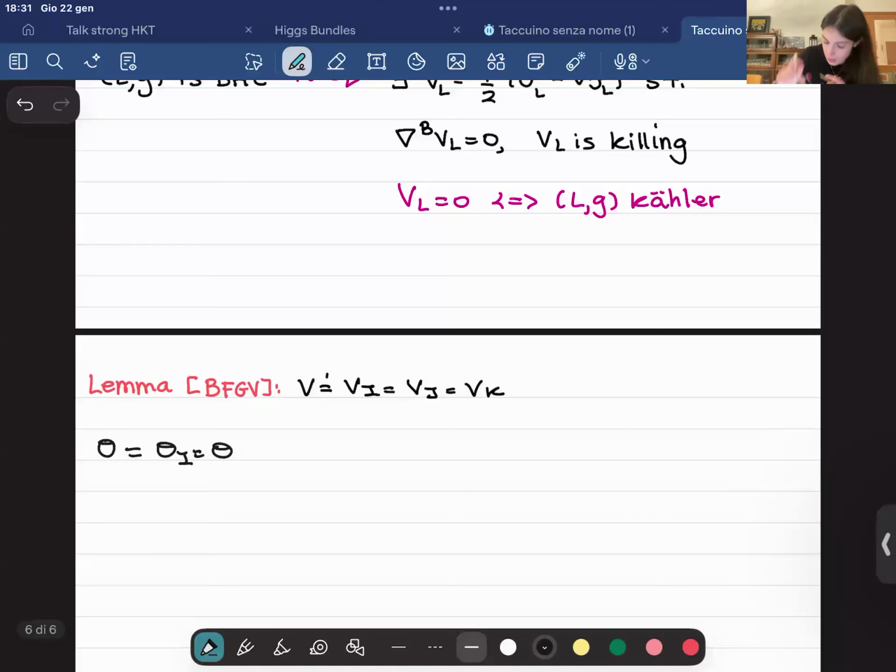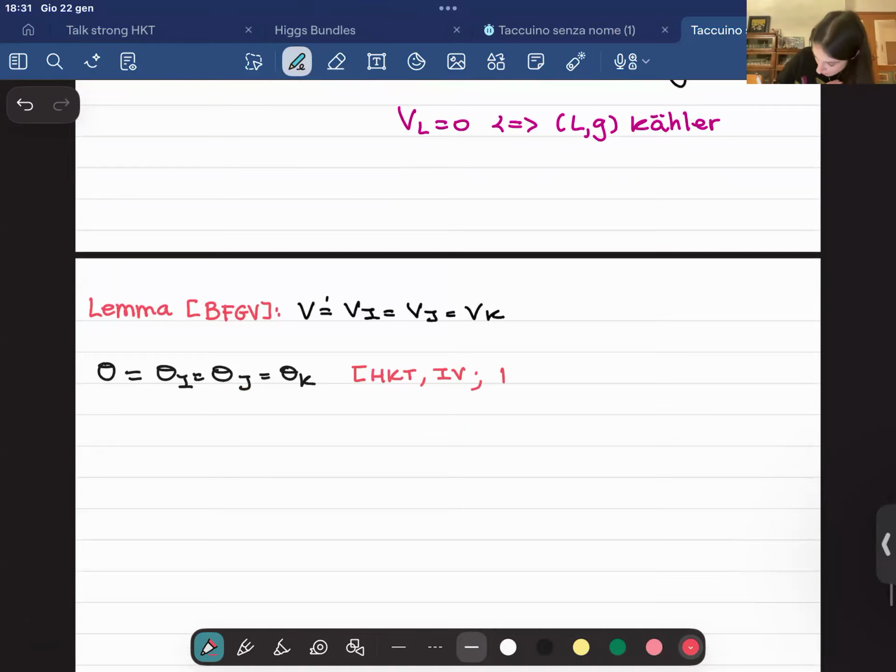So theta_I is equal to theta_J is equal to theta_K. And this was known for the HKT case by Ivanov and Petkov, but recently it was shown by Fusi and Gentili that this also holds for hyperhermitian metrics.